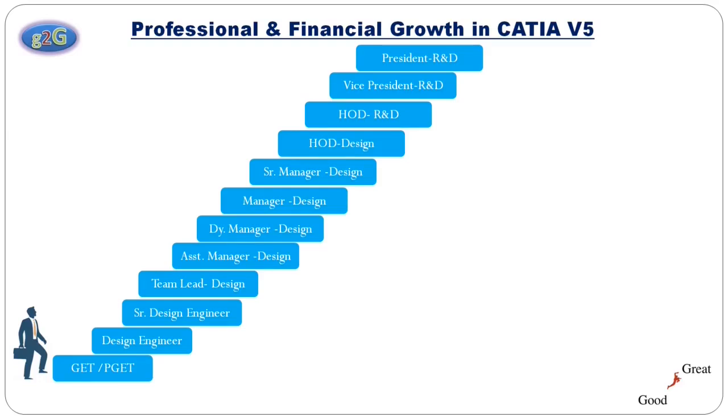But a few excellent candidates make it through to reach the position of president. Some extremely good candidates even become managing director of the company. Few candidates also become a board director of the company. Now this all depends on the contribution that we are making to the organization and the quality that we have.